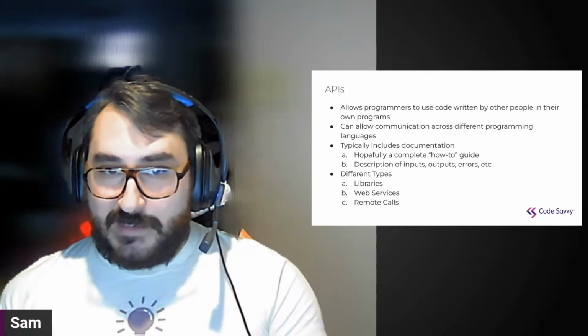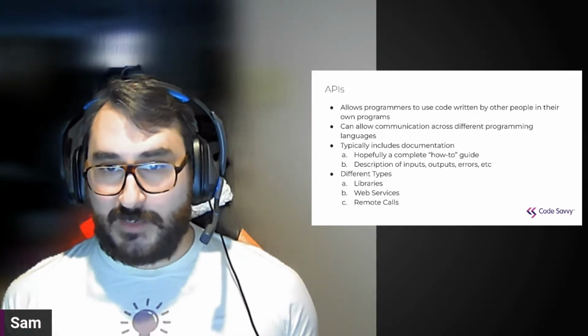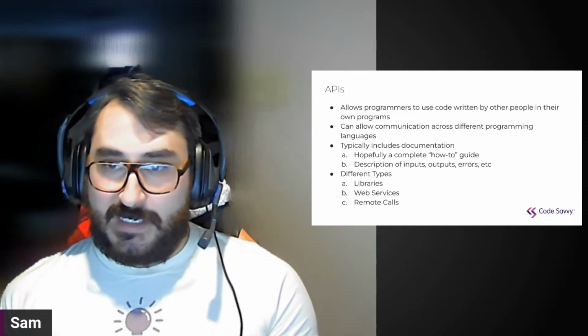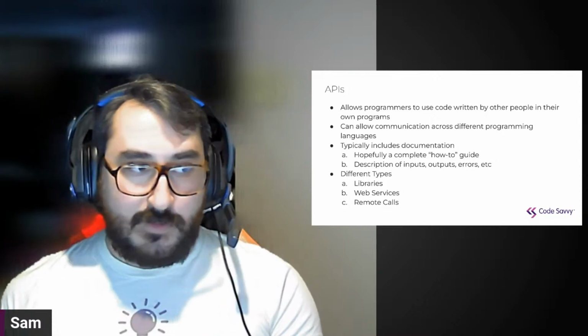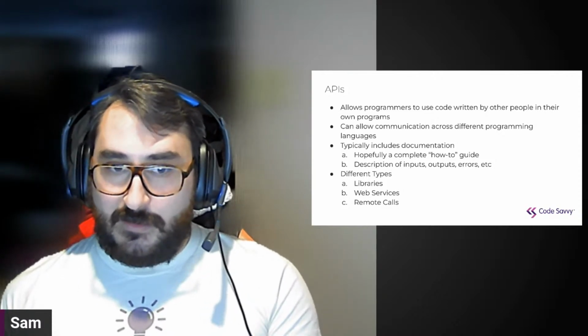But at the very least, you should get a description of the available functions, their inputs, their outputs, and any errors that you might run into. We're going to see a couple of examples of documentation later.